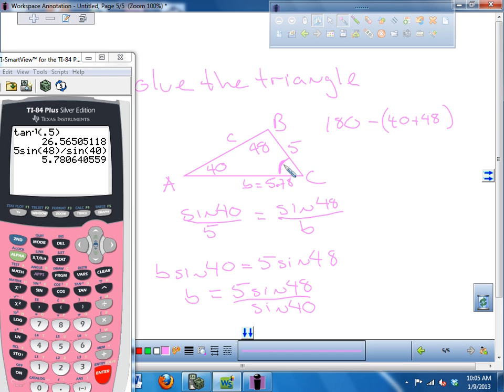So the angle has to be 180 minus 88, which is 92 degrees. 92 degrees, right here. Even though it doesn't look like 92 degrees, I drew it intentionally not to scale.